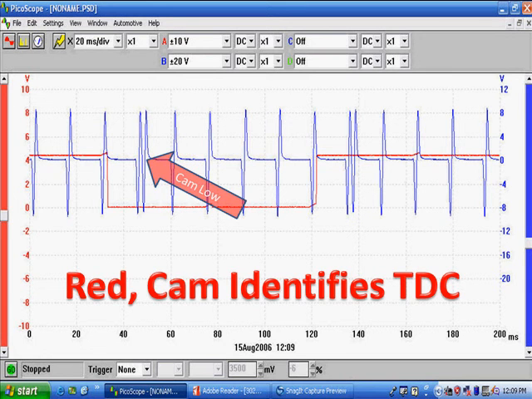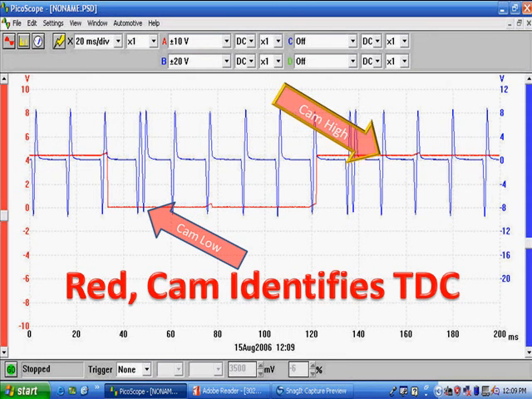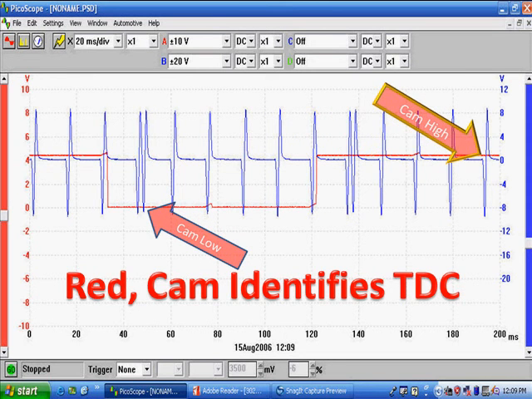If we look just to the right, we're going to see that the cam signal is high at the time we have our double pulse. What that cam signal is doing in conjunction with the crank reference is setting up our number one top dead center so we can do sequential fuel injection. And it's going to help us identify number one cylinder for misfire.